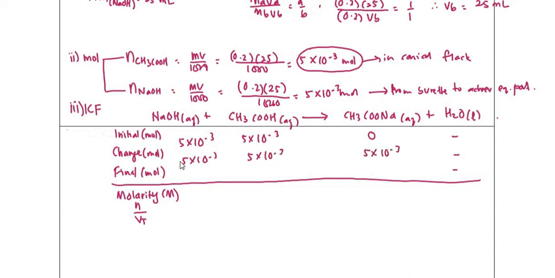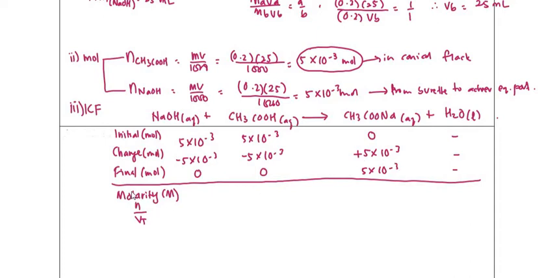Don't forget the sign. For reactants it is negative, but the product is increased. And the final mole is I minus C. That means 5 minus 5 will become 0 here, and 5 minus 5 will become 0 here. And for the product, 0 plus 5, I plus C, becomes 5 exponent negative 3.